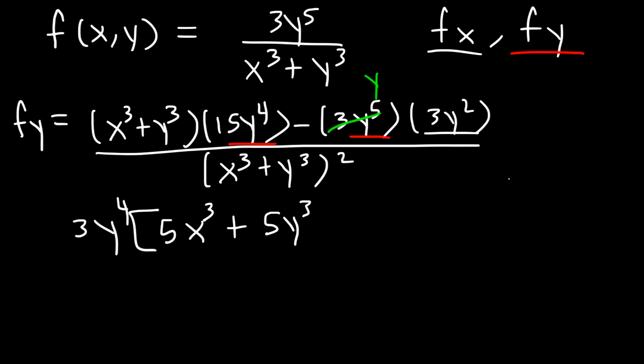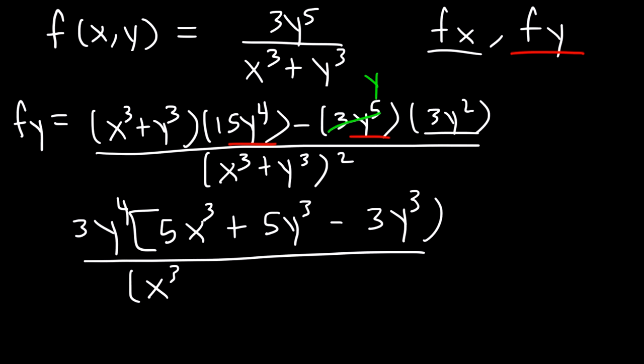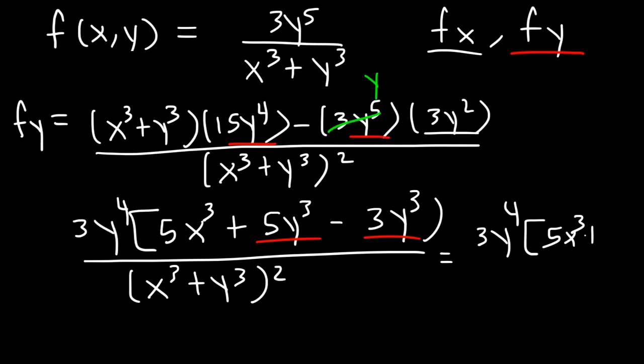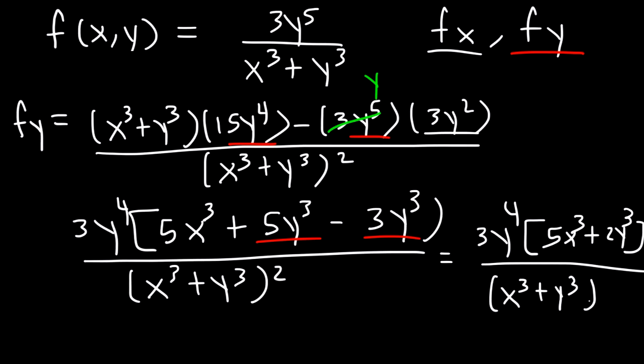And that y is going to be multiplied by 3y squared, so it's negative 3y cubed. Don't forget about the negative sign. Divided by this stuff. So we can combine 5y cubed and 3y cubed. So the final answer is 3y to the fourth times 5x cubed plus 2y cubed divided by x cubed plus y cubed squared. So that is f of y.